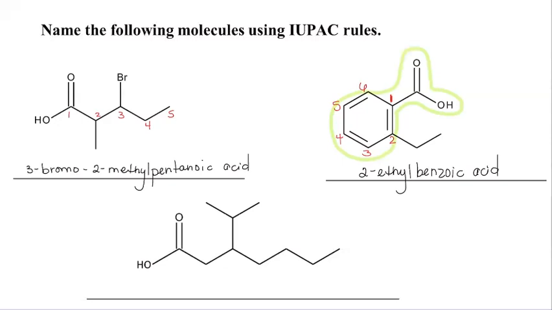Last one. We have 1 carbon atoms, 2, 3, 4, 5, 6, 7. So what is the name of the parent chain here if we have 7 carbons and it is a carboxylic acid? Heptanoic acid.